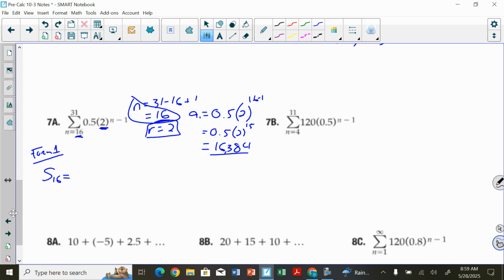So for the first 16 terms, I'm going to use my a sub 1, 16,384, times 1 minus 2 to the 16th power, because it's 2 to the n, over 1 minus r, which is 1 minus 2. And that gives us a very, very large number.